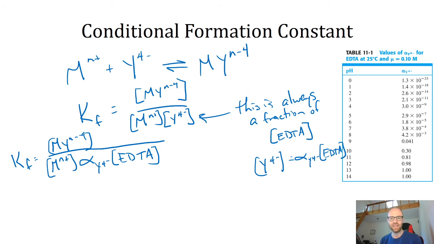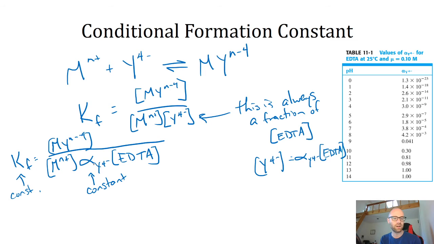But if we fix the pH, if we have the pH buffered at a certain value, this becomes a constant. There's no reason that we should have two constants on two sides of an equal sign.